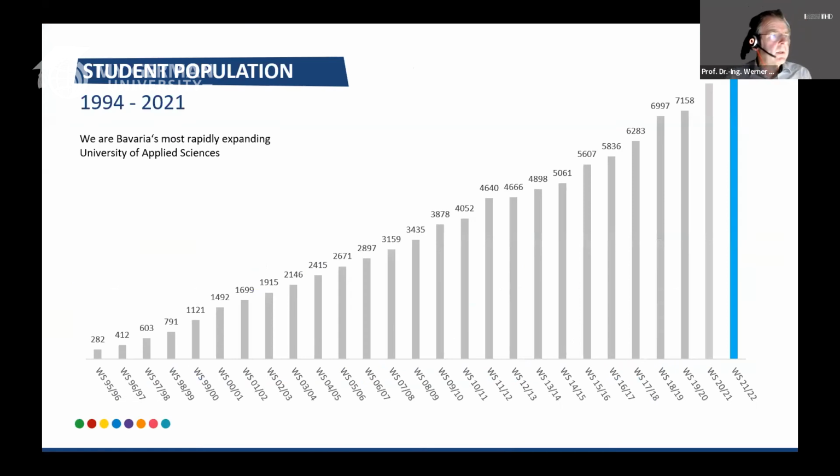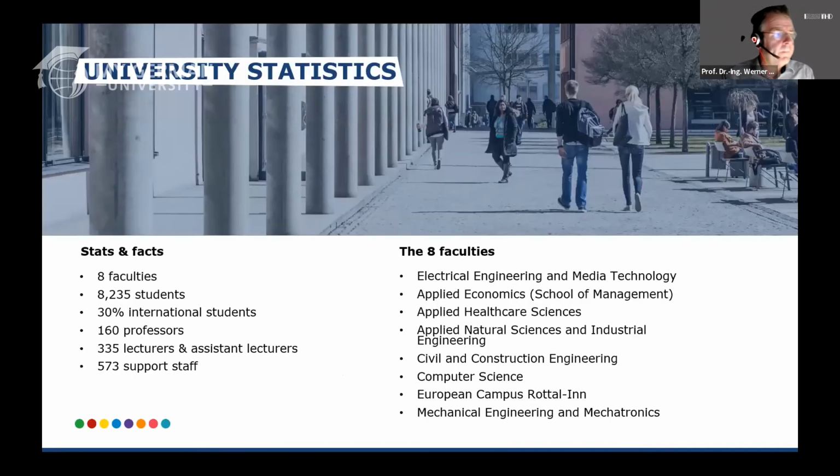So we are actually Bavaria's most rapidly expanding University of Applied Science. We were founded in 1994, and now we have around 8,000 students, a little bit more than 8,000 students. Maybe interesting for you is that we have a quite large international part of students. We have 30% international students.